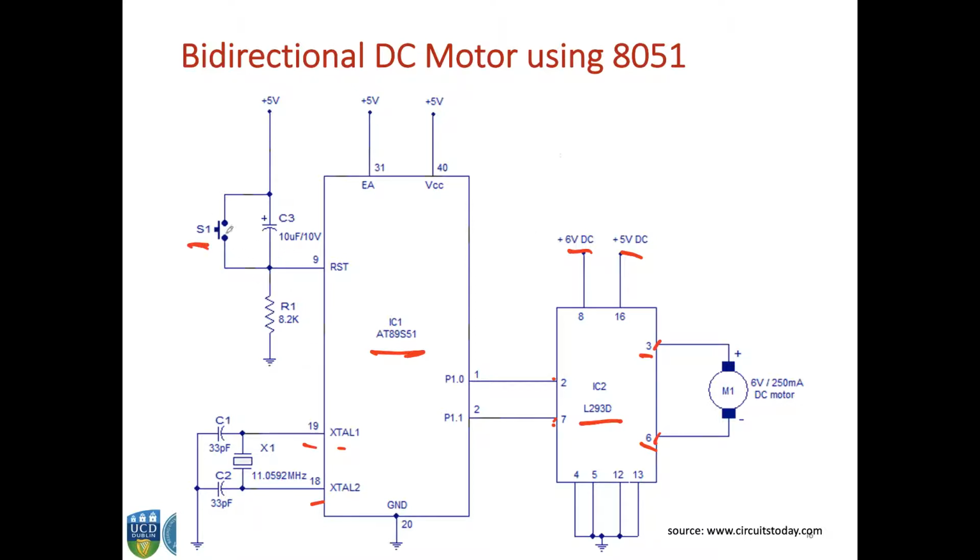The switch will either power on this microcontroller board or power it off. With this arrangement you can have a bidirectional DC motor. Port 1.0 goes to one input of the L293, and port 1.1 goes to the other input.